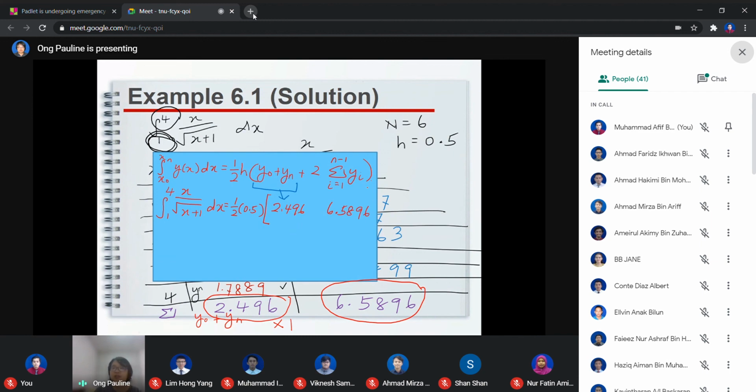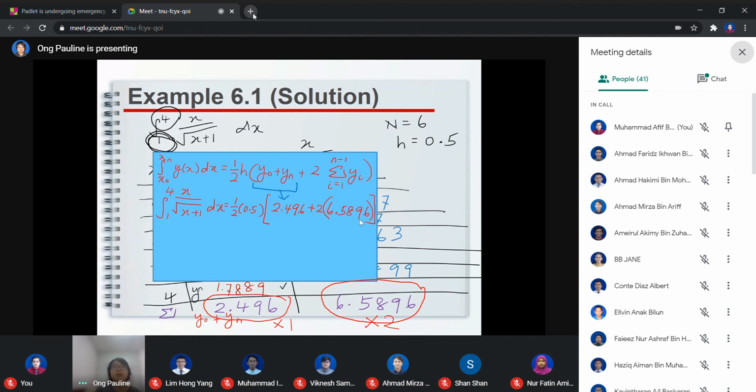Whereas for the summation of the intermediate values from y1 until yn minus 1, you need to multiply it with 2. Therefore here I put a plus 2 multiplied by the summation of the intermediate values.